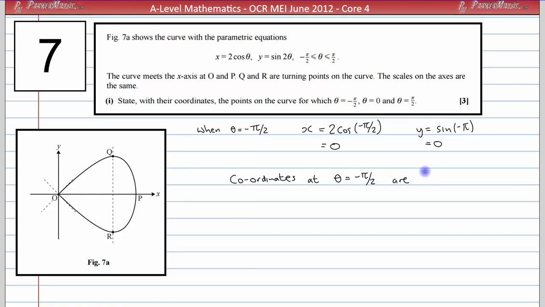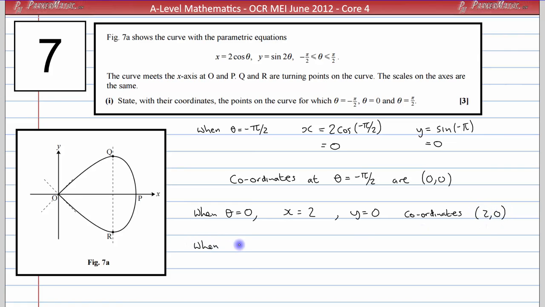so the coordinates at theta equals negative pi over 2 are 0, 0. When theta equals 0, we get x equals 2 cos 0, which is just 2. For y, we get sine 2 times 0, so just sine of 0, which gives us 0. So the coordinates are 2, 0.